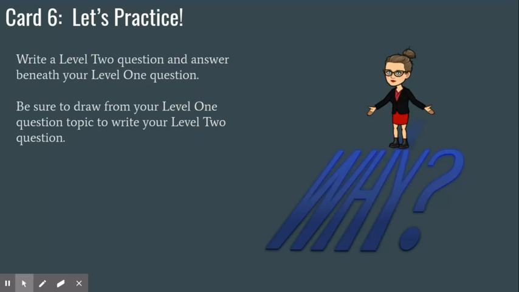The answers couldn't necessarily be highlighted in the text. And you must incorporate textual evidence into your answers. I'm going to give you about 6 minutes to come up with one Level 2 question.